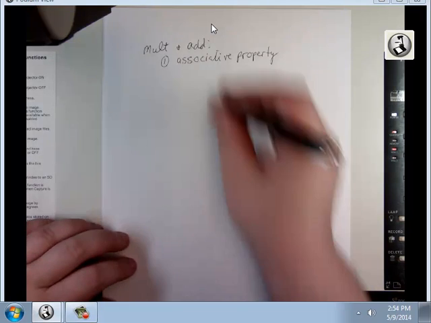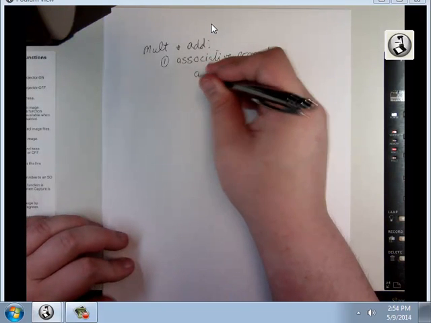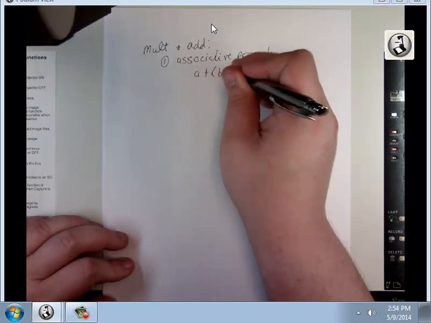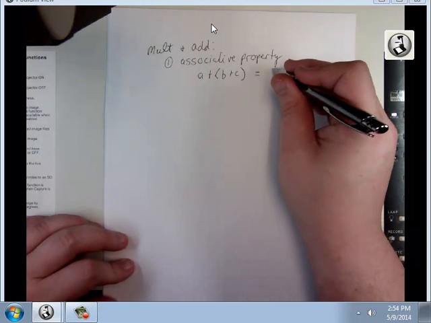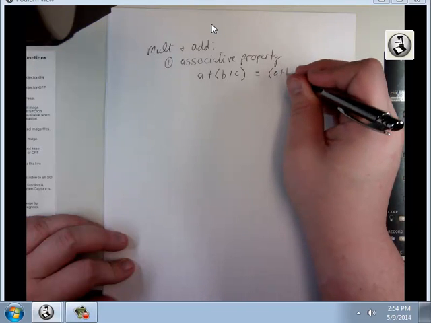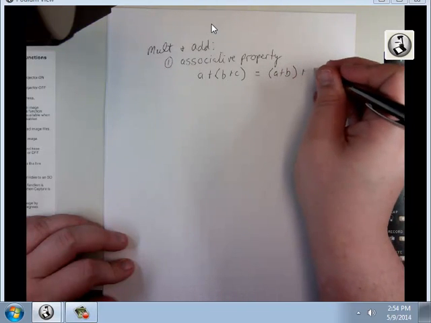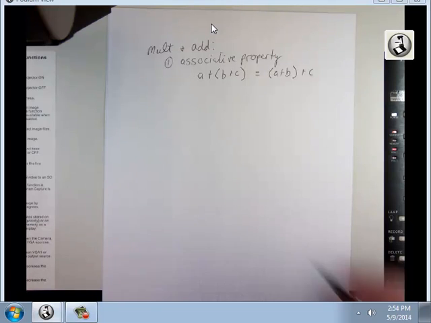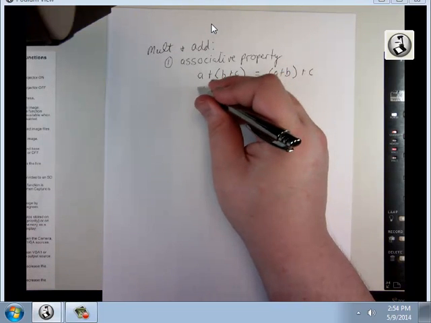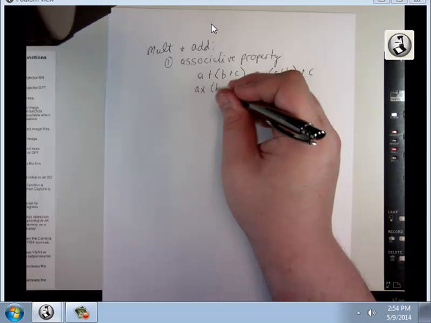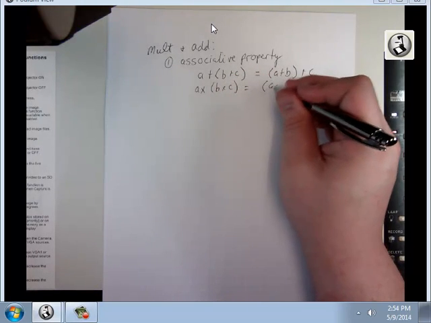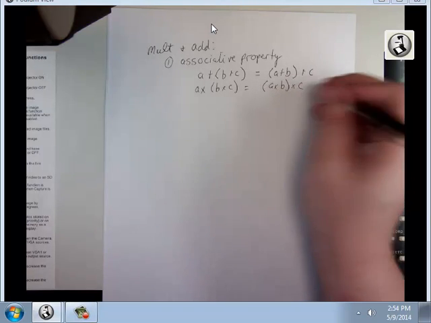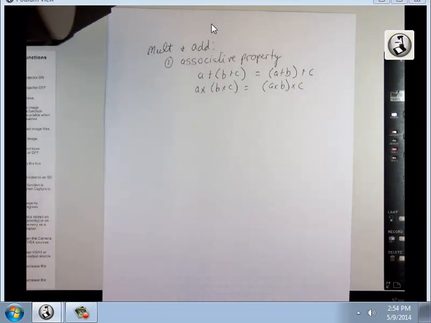Let's say we had A plus, in parentheses, B plus C. That actually is the same as A plus B, in parentheses, then adding C to it. And the same thing with multiplication. A times B times C is the same thing as A times B times C with the parentheses moved. As long as they're the same operation, like all addition or all multiplication, you can rearrange those parentheses.